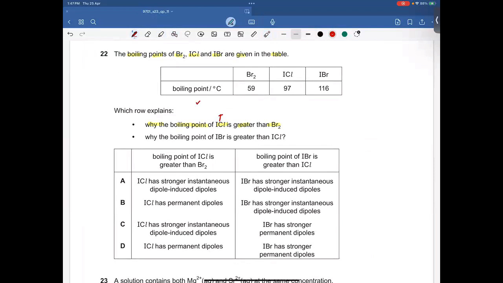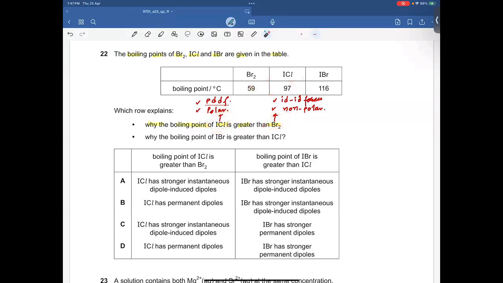Number one, it has permanent dipole-dipole forces because it is a polar molecule, whereas this one has temporary induced dipole-dipole forces, or instantaneous dipole-induced dipole forces, because it is non-polar, which is why the boiling point of ICl is greater than that of Br, hence proved.